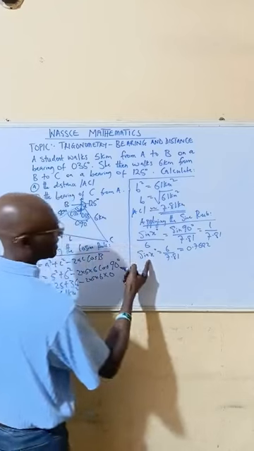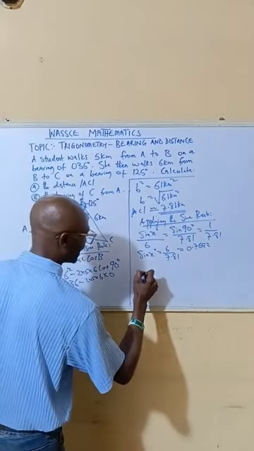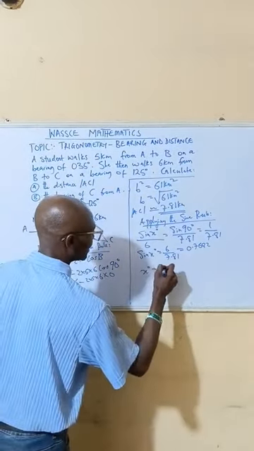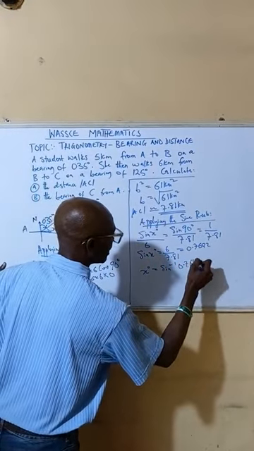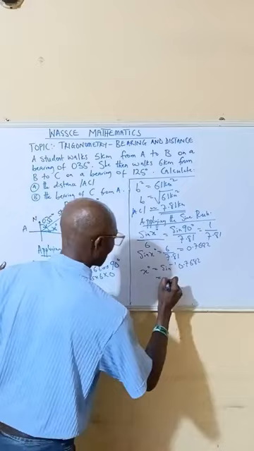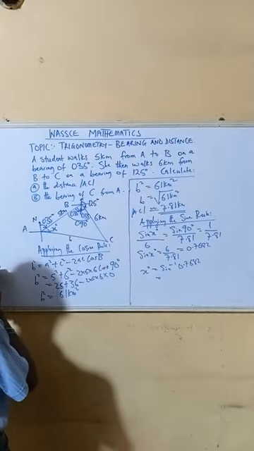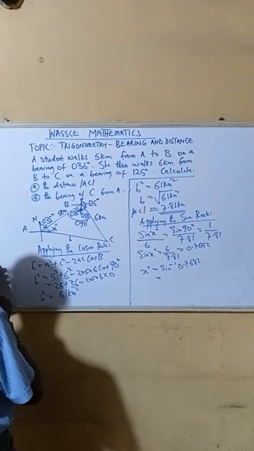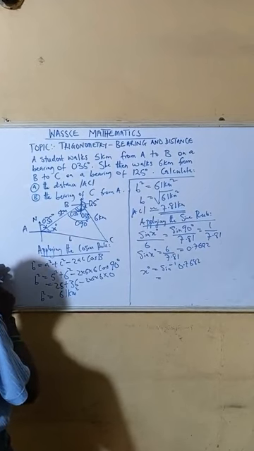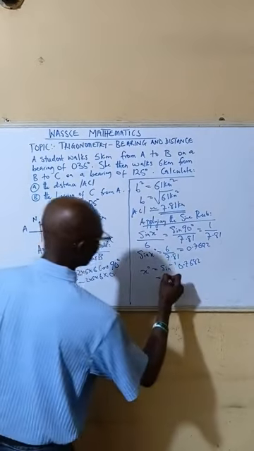So 0.7682 is sine x. To get x degrees, you take the arc sine of 0.7682, and that gives you about 50.19 degrees.